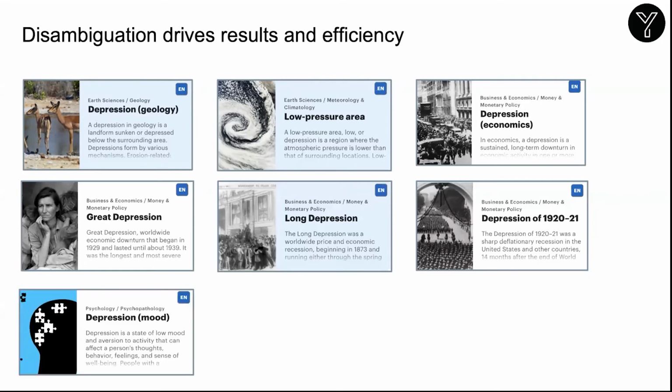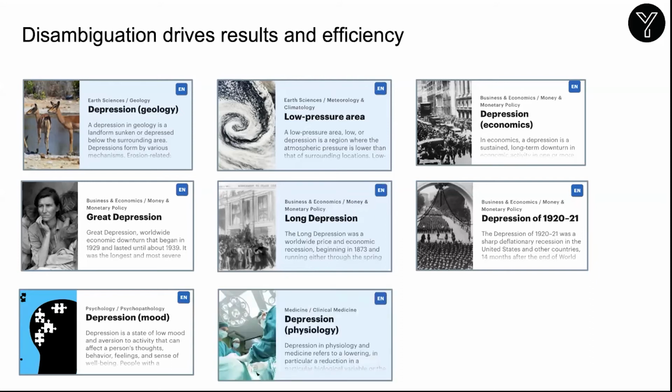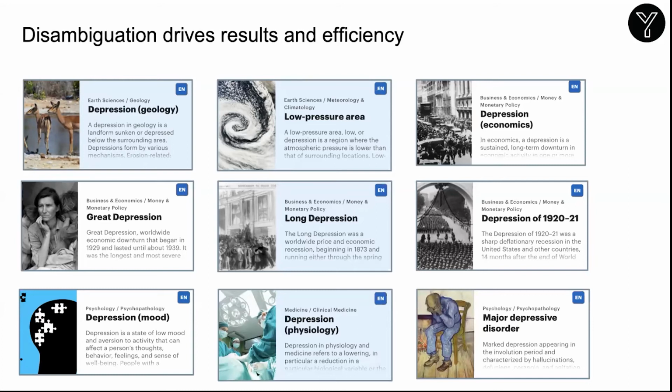But this is not the end. Depression can be, of course, a psychological term as well. Depression can also be a physiological term, and we can also be searching around major depressive disorder. So think about this very simple term. Depression might have, in this slide we see 9 different meanings, but actually there are many more behind the scenes.